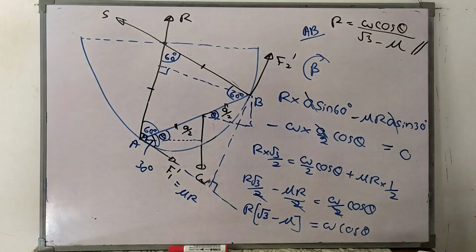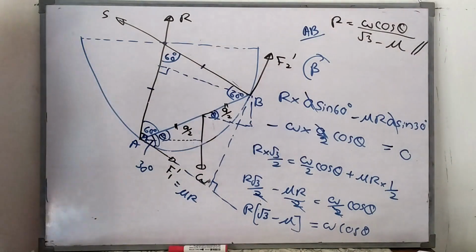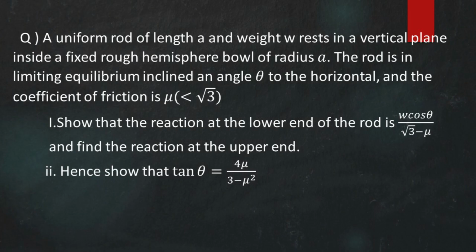The next thing, children, is to find the other reaction, at the upper end. To find the reaction at the upper end, this is the reaction of the lower end, and I hope you see we have to take another moment around A to get the reaction of the upper end.